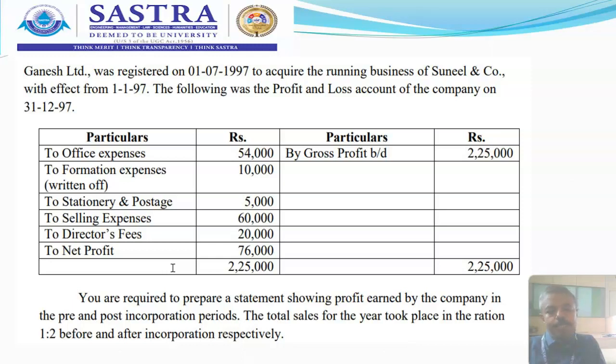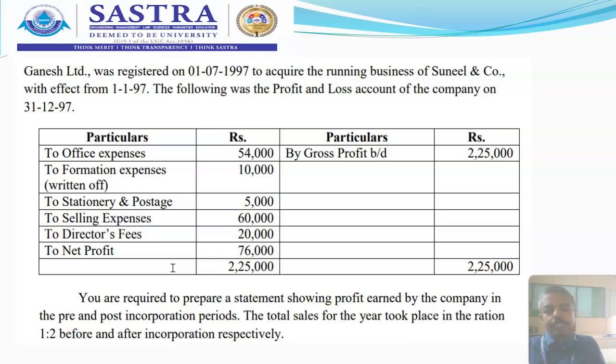Is it based on time, or based on sales, or is it to be allocated only to pre-incorporation, or only to post-incorporation period? First, study the nature of that expense. Is it a regular expense or a variable expense? If it is a regular expense, is it of fixed nature or varying nature?